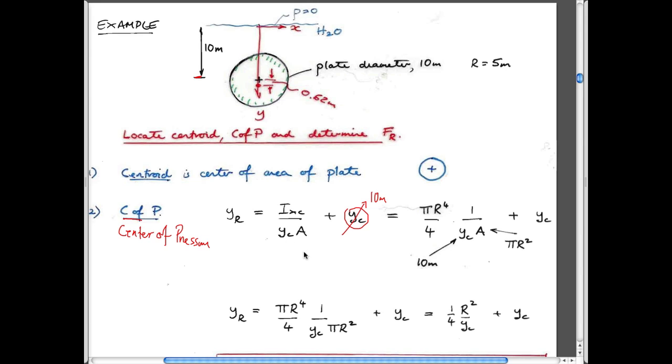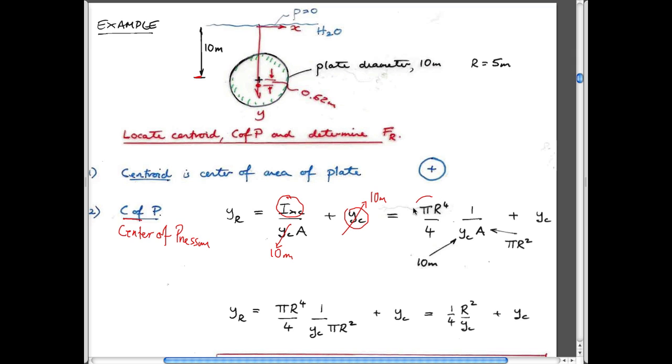The depth of the centroid here is also equal to 10 meters. It happens to be vertical, so it's the vertical distance from the surface. And this coefficient here is pi, radius of the plate to the power 4, divided by 4. Always, the units of this moment of inertia have to be in units of area times length squared, which is really what this is.